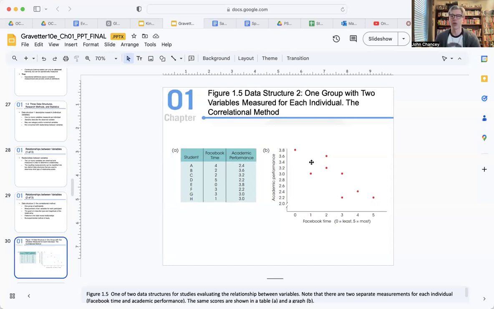As Facebook time goes up, academic performance goes down. There could be other factors at play because we're only collecting data on these two variables. There might be other things going on. We can't necessarily say that Facebook time causes academic performance to go down. We just know they are related.